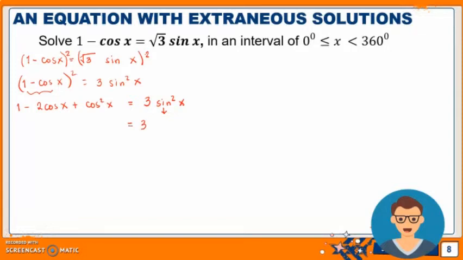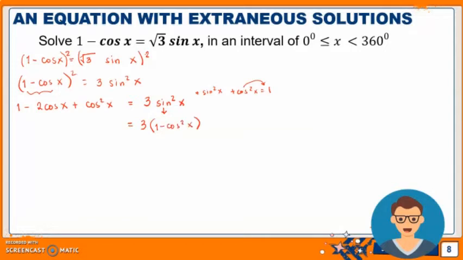So that is 3 times, from the Pythagorean identity, sine squared x plus cosine squared x is equal to 1. You may transpose cosine squared x to the other side. That would be sine squared x is 1 minus cosine squared x.